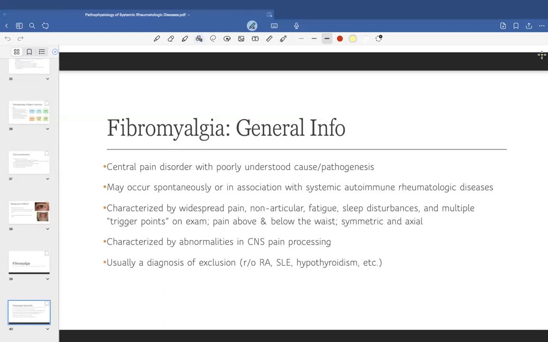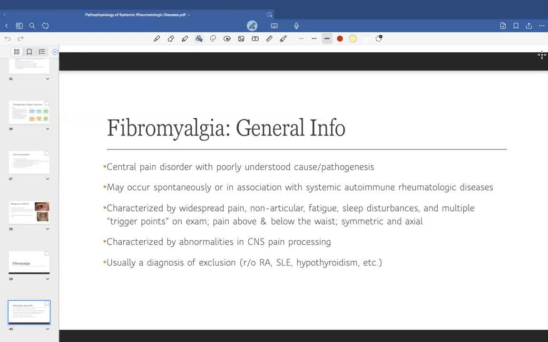A lot's been done, and there's a huge organization out there really pushing that fibromyalgia is a very real disease process. It is now considered a central pain disorder.